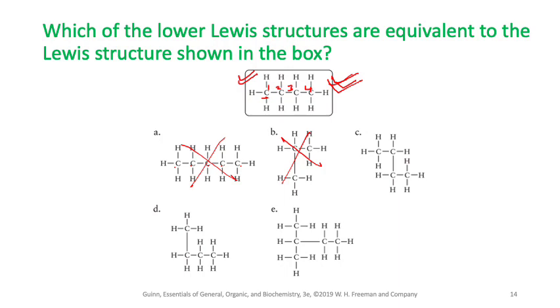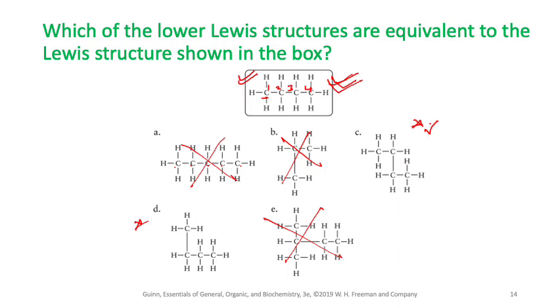Because we had 4 carbons in our given structure. What about C? 1, 2, 3, 4. It's possible. We can check later on. What about D? 1, 2, 3, 4. It's also possible. And E is 1, 2, 3, 4, 5. You have 5 carbons in there. It's not possible. So we have to figure it out between C and D.